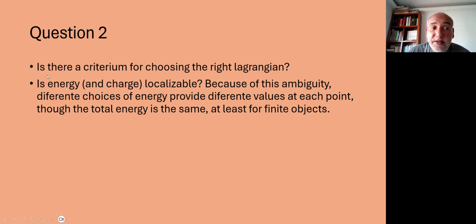This is related to the question whether energy and charge are actually localizable. Because if there isn't such a criterion, we can compute the global integral and know that an object in a region of space has a certain energy, a certain charge, but the precise localization of that energy and charge within the object cannot be set if we do not find an absolute criterion to choose.